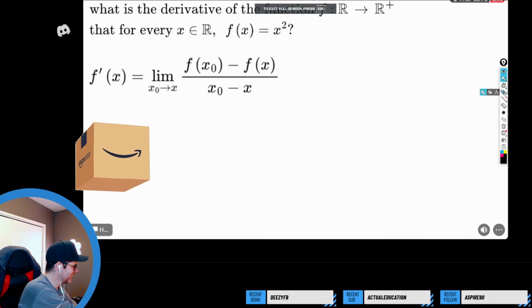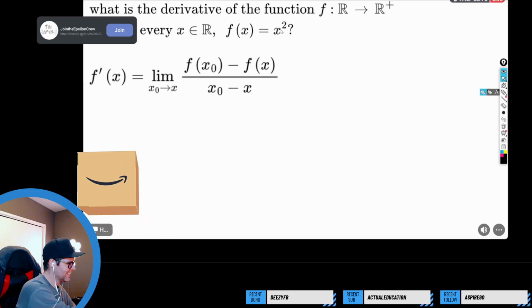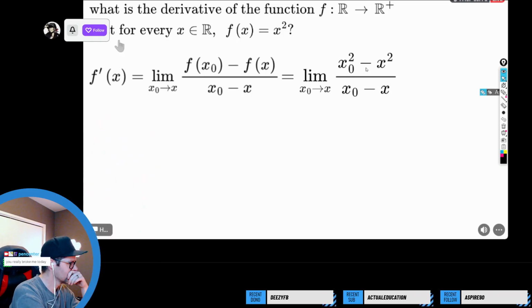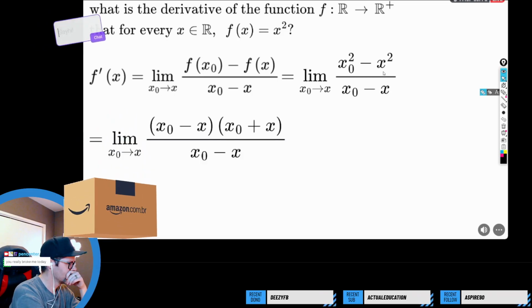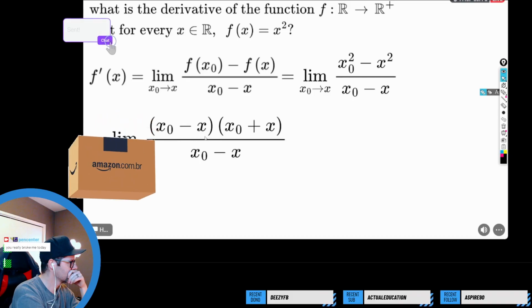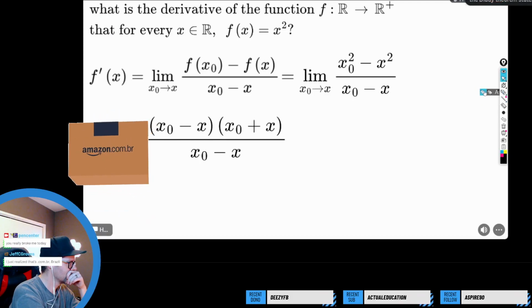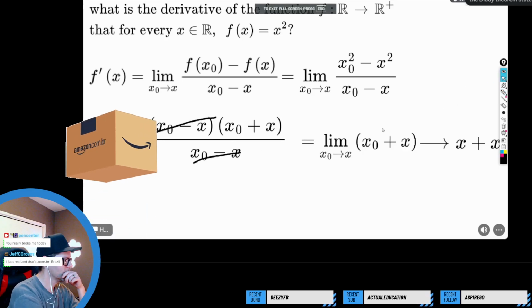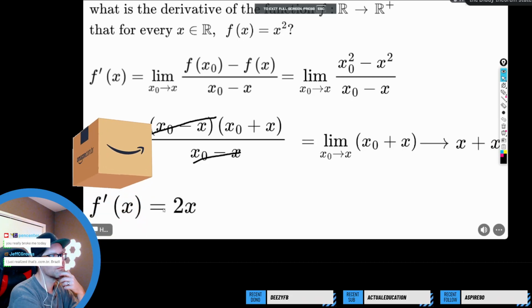Now, one thing is, how do we take a derivative of a function? So first we can write the limit of the function, and if we plug in the numbers, we can get this, and by expanding it to this, now we can remove most of those terms to get our goal, which is 2x.